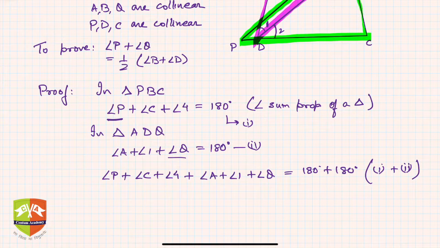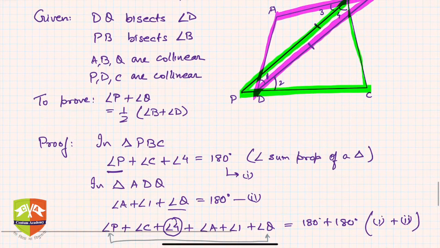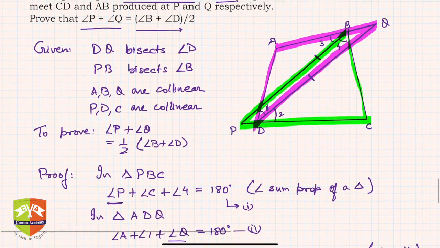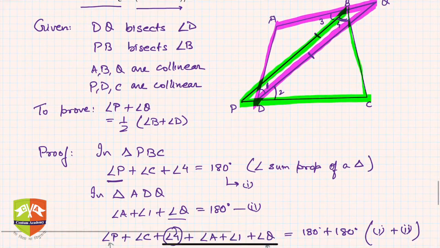Now I want angle P and Q together, so let me club them together and the rest all together. So I will get angle P plus angle Q plus all the rest of them, C plus A. Angle 4 is half of angle B because PB is the bisector, so angle B by 2.